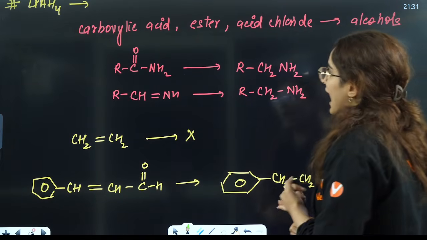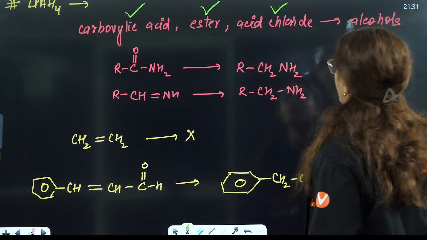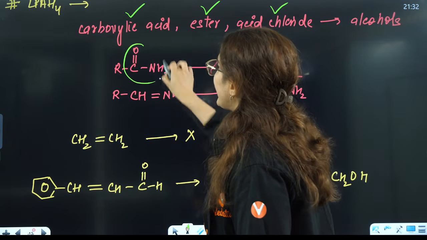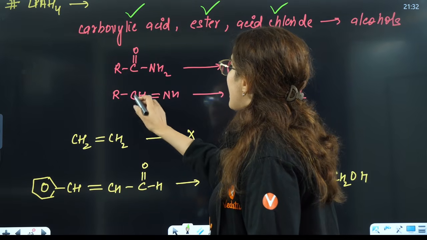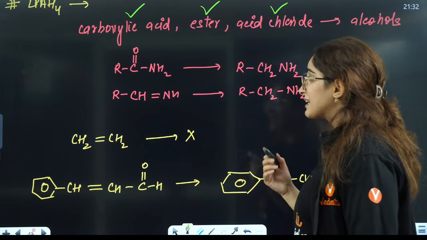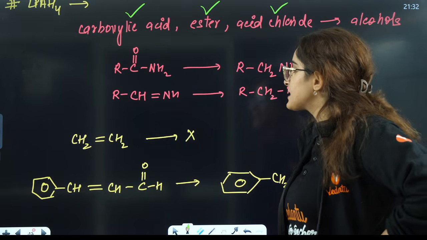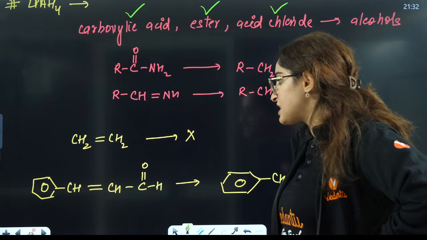Okay. Now LiAlH4. LiAlH4 reacts with carboxylic acid, ester, acid chloride, and converts all of them to alcohol. It also converts amide to CH2NH2, and it also converts cyanide to amine. Okay, and this one also to amine, right? Then it does not react with CH2 double bond CH2.